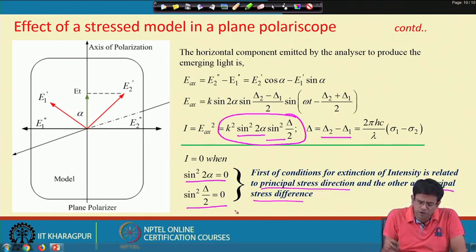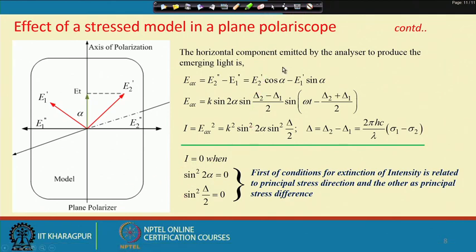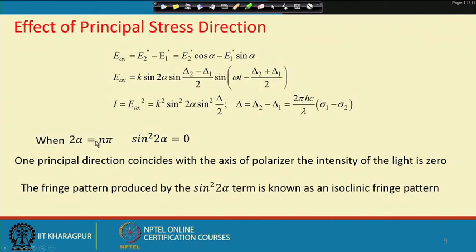So, we will understand what this principal stress direction is and what the principal stress difference is. Now, if I consider the case when sin square 2 alpha is 0, what is the condition? Here alpha is the angle between the polarizer axis and the principal direction. When one principal direction coincides with the axis of polarization, then naturally sin square 2 alpha will be 0, so the intensity of the light will be 0.